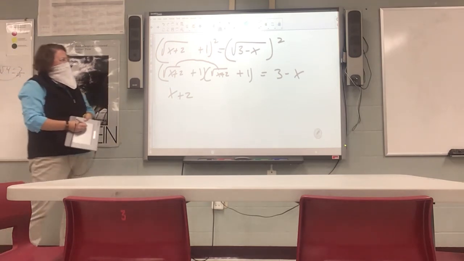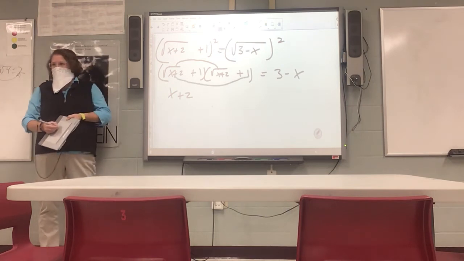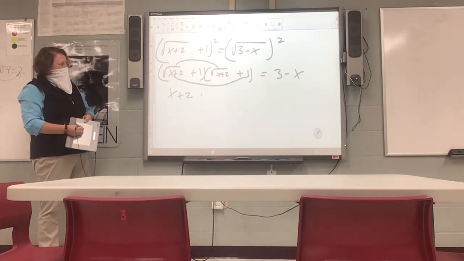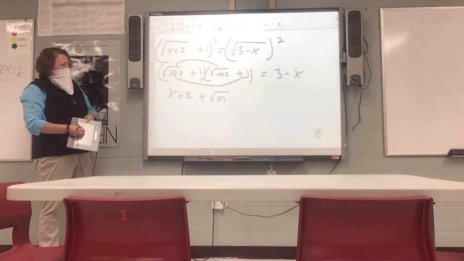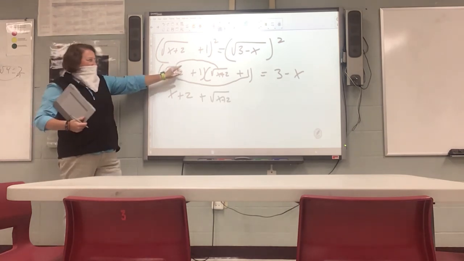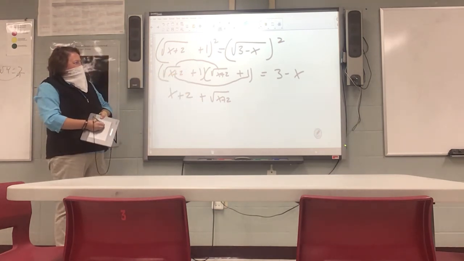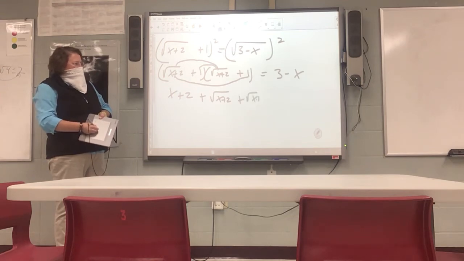Okay, so now I got to take the square root of x plus 2 to that 1, which will just make the square root of x plus 2. So I'm done distributing this, right? Now we got to distribute the 1. So here I take the 1 and I get square root of x plus 2.